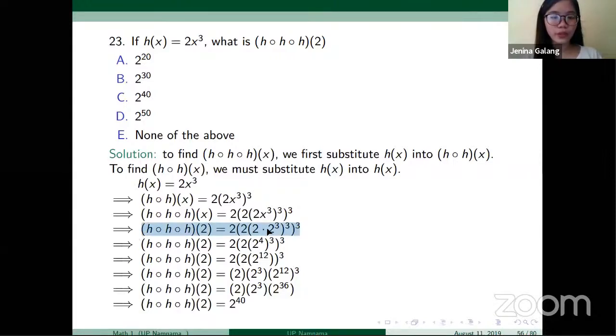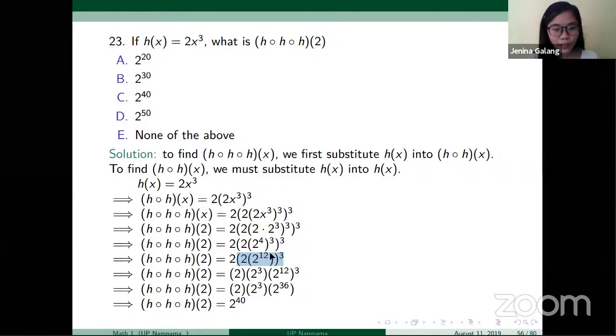So, 2 times 2 cubed equal lang siya sa 2 raised to 4. And then, apply ulit yung rule of exponent sa innermost. So, we will have 2 raised to 12. And then, meron tayo ditong quantity na na-raise sa 3.